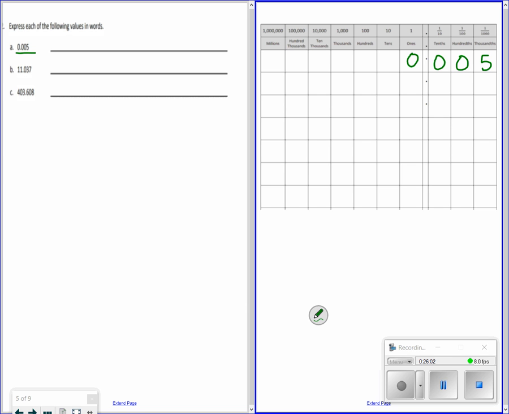So, where is it located? It's in the thousands. So how would you say that? 5 thousandths. You just did word form successfully.